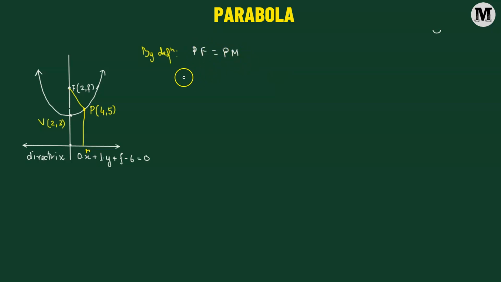Now we can find the length PF. PF will be given by the square root of, so we have to take the difference of the x coordinates. Here we have (2 − 4) whole square.